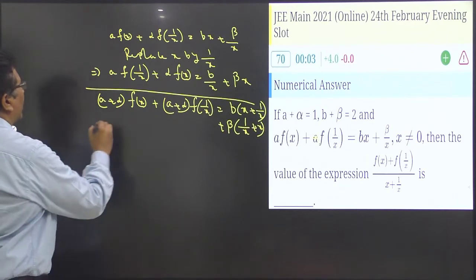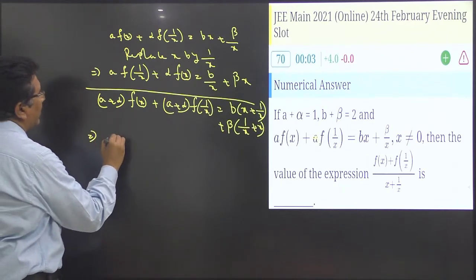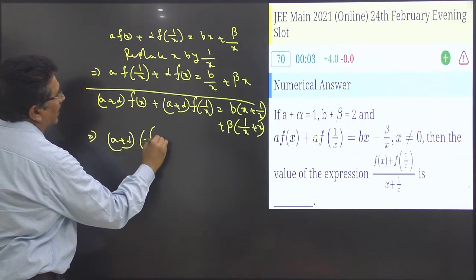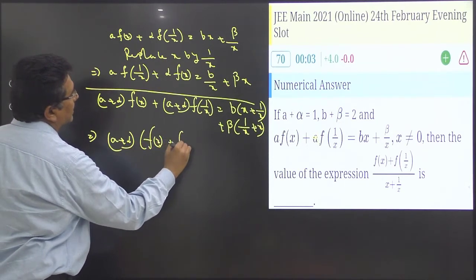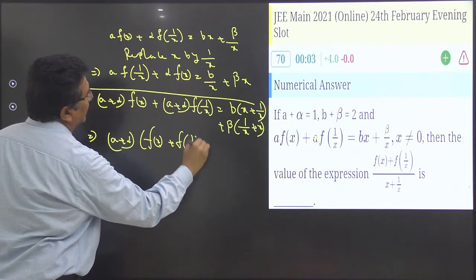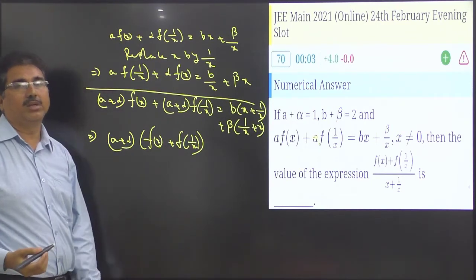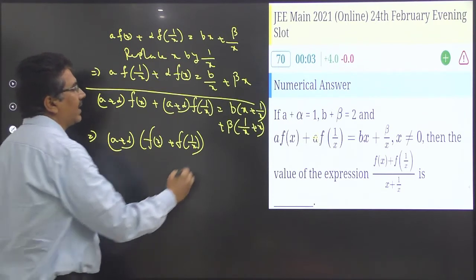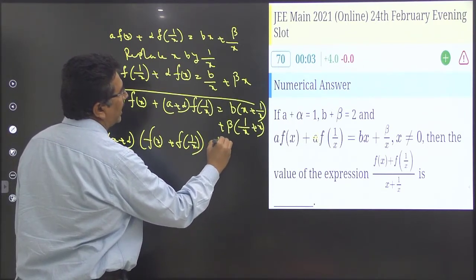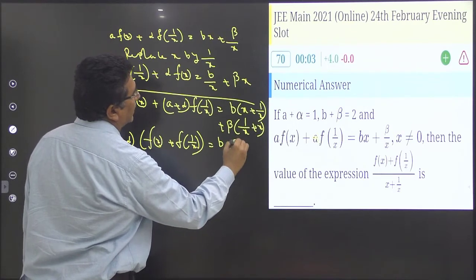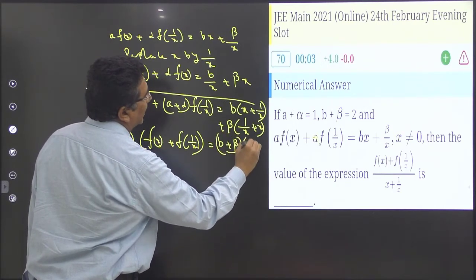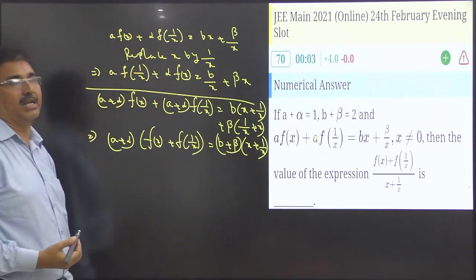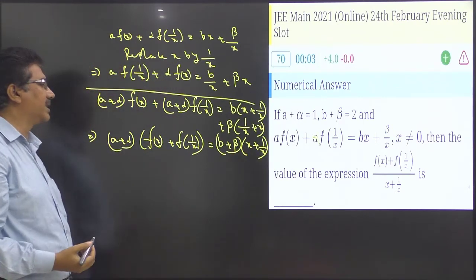Now this can be written as (a + alpha)·(f(x) + f(1/x)) = (b + beta)·(x + 1/x).